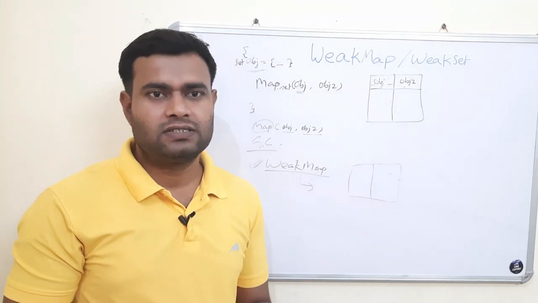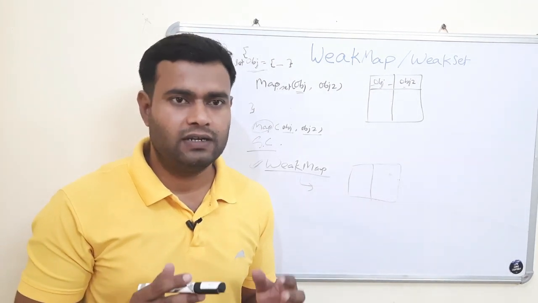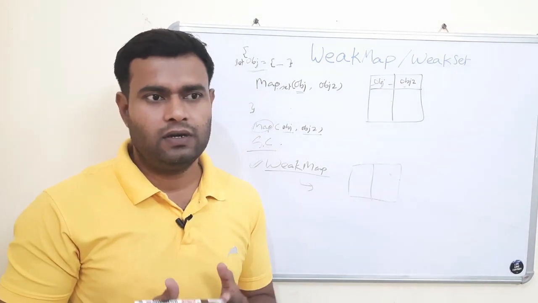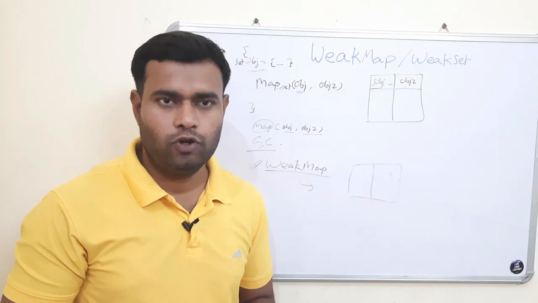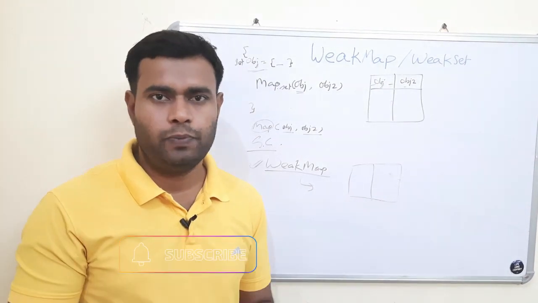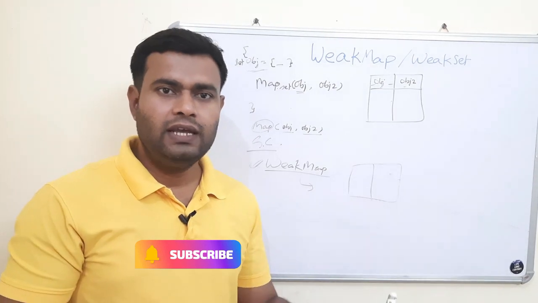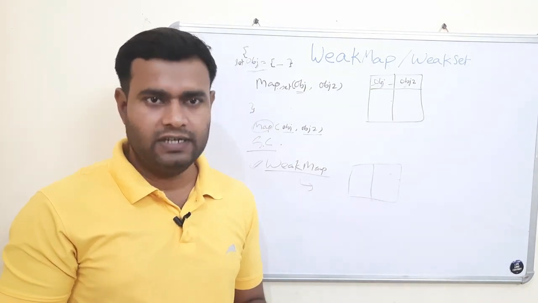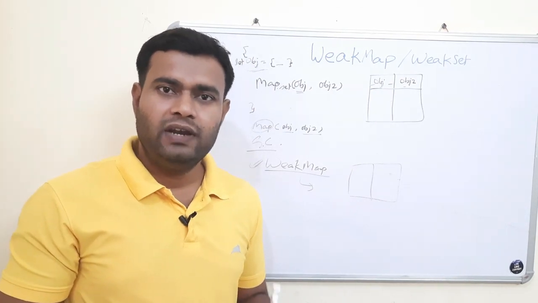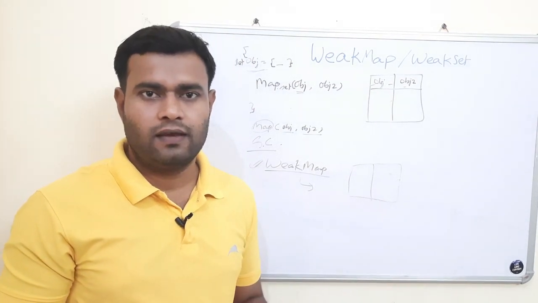And one example where this can be used is caching. For example, you are creating a cache in a program, and that program contains a key value pair, but your key is no longer needed, it's deleted. Then that cache entry will remain there, right?